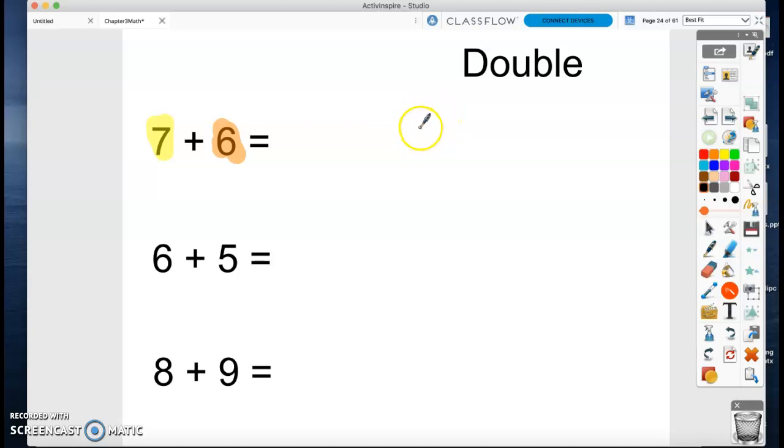So a doubles fact that I can use to help me add 7 plus 6 could be 7 plus 7. Or my other add-in would be 6 plus 6. So those are the 2 doubles facts I can use. So let's look at the next one. I have 2 add-ins.